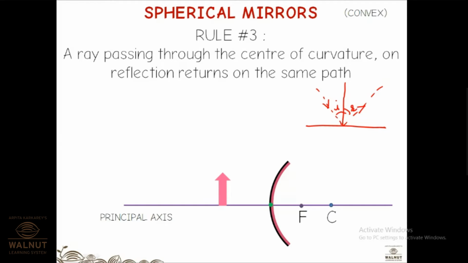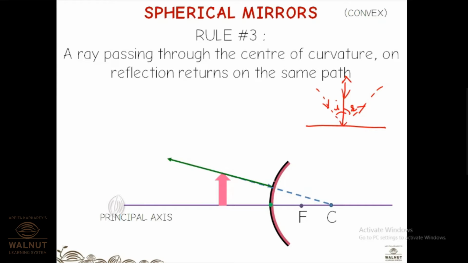Now if the ray is just falling here only, the reflected ray will follow the same path. That is what is happening over here. So if the ray is passing through the center of curvature, on reflection it returns on the same path, because here this angle is 90 degrees, and in other way we can say that angle of incidence is 0 over here. So it coincides with the normal, and hence it will reflect back on the same path.